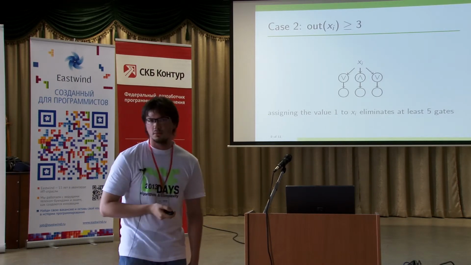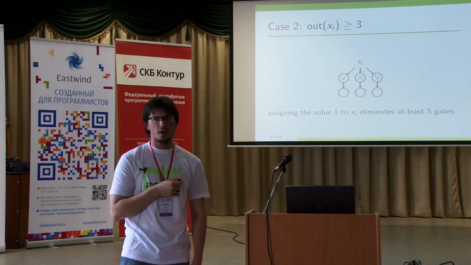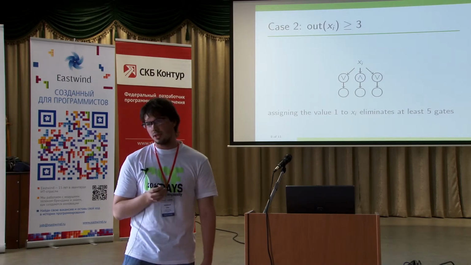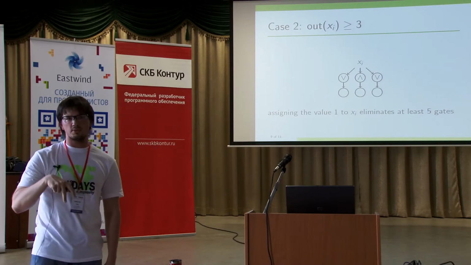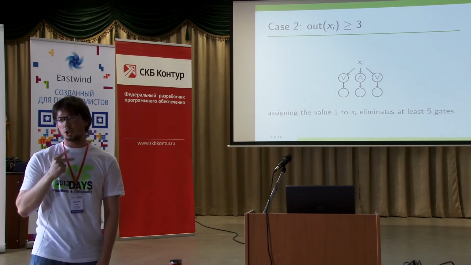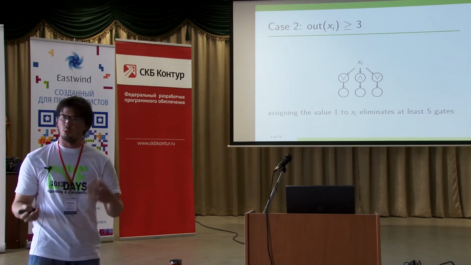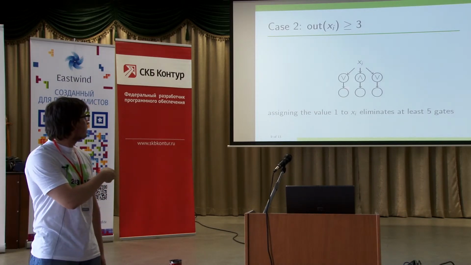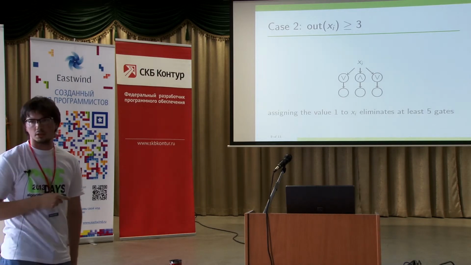We have some variable, and it has high fan out. Then we just make the substitution, and as we have two gates of the same type, either two conjunctions with this variable, or two disjunctions with this variable, we can pick 1 or 0 and kill in this case these three, this, and this.